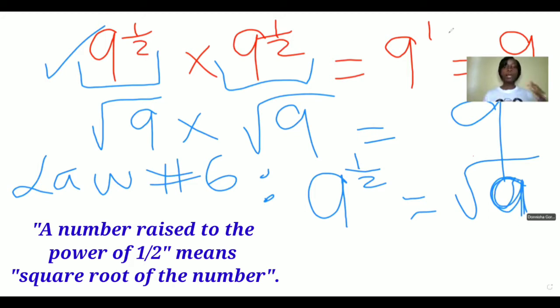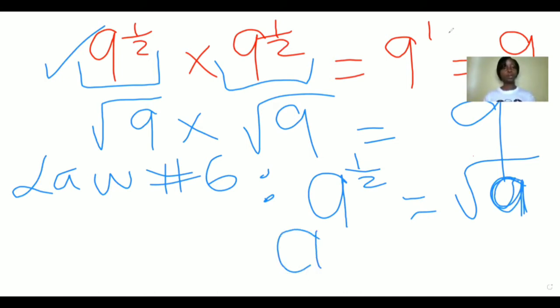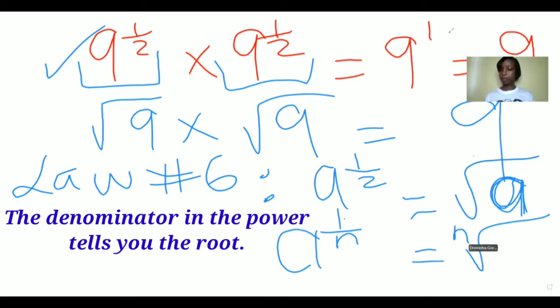All right, but let me generalize it a little bit by saying that you can also use other numbers and you'll find the same thing with the cube root of a number. So let me generalize the fact that if I have a to the power of 1 over a particular number, and if that particular number is n, then it means I'm finding that root for the number.